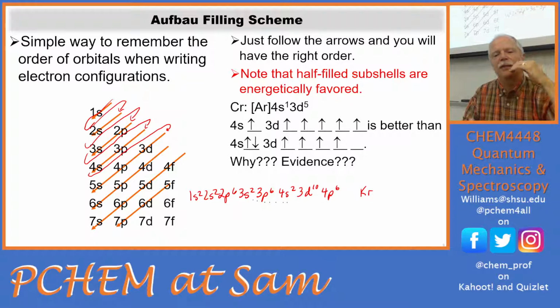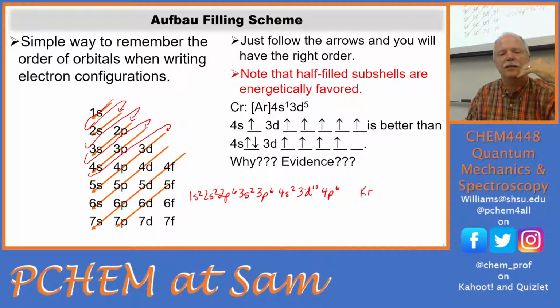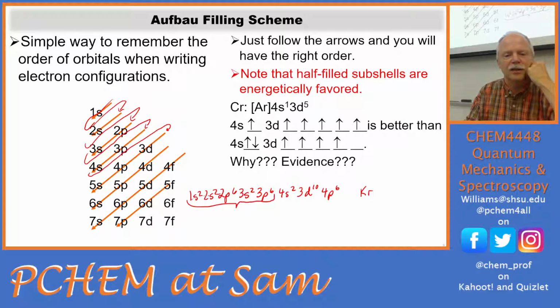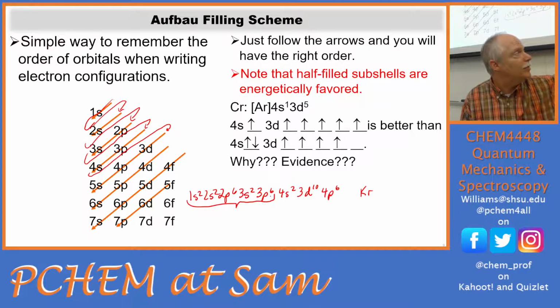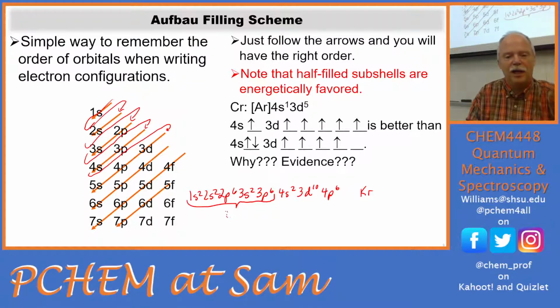Now, that's a whole lot of stuff that doesn't change. And so we could just go back to this latest filled p orbital. Every time we have a p6, that's a noble gas. So what is the noble gas associated with this up to here? You just go back to the previous noble gas. To see krypton, you go back to argon, and you can write that like this. So we have the argon core.